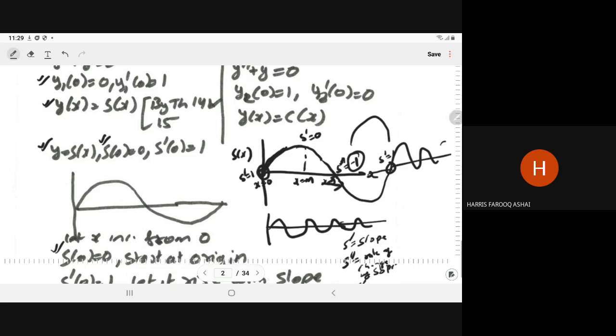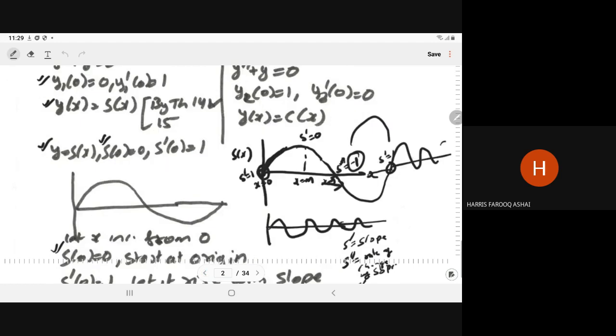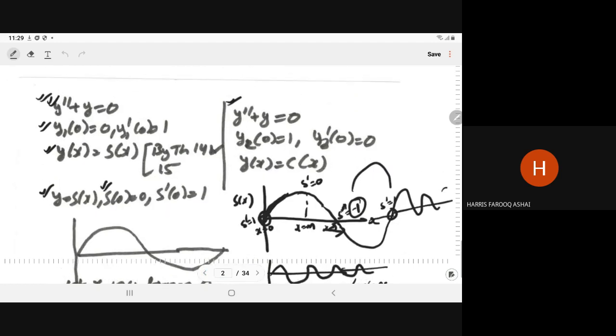Let us see for the Cx. For the Cx, you can see we have y2 0 is equal to 1, y2 dash 0 is equal to 1. This implies that C0 is equal to 1 and C dash 0 is equal to 0. It means initially at x is equal to 0, C value is 1.